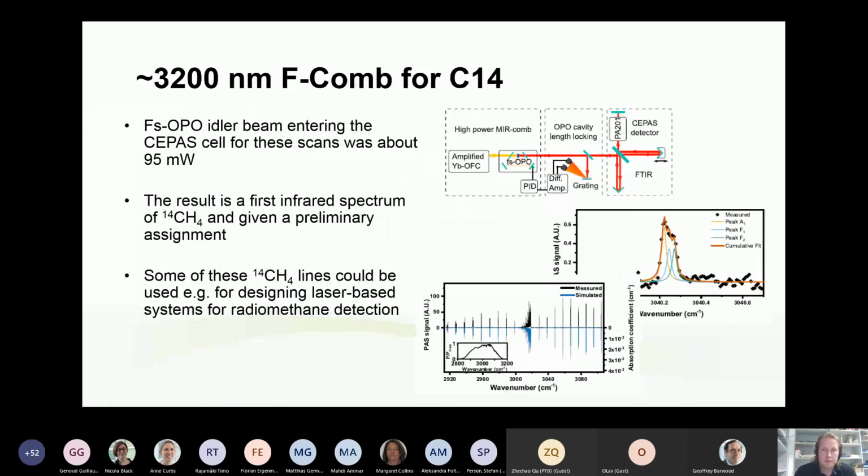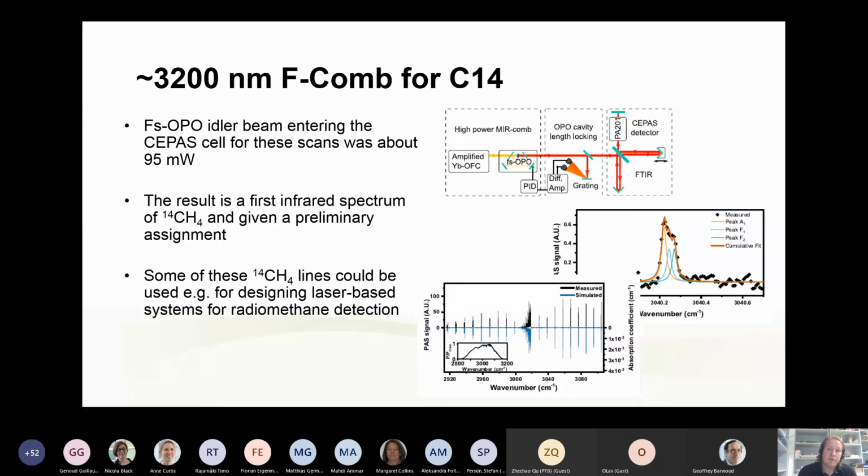This work itself is quite different from the other examples I have or will show, because in this case the spectrum of radiomethane was not accurately known beforehand. Usually the user or the community can use data from, for example, HITRAN or other sources or publications to properly design and implement a measurement concept.